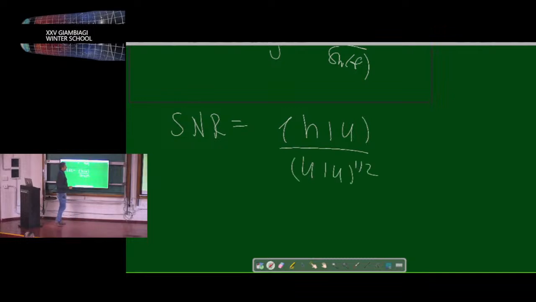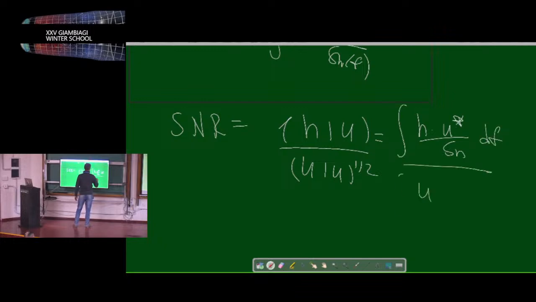I want to divide by the norm because I don't want my output to depend on the arbitrary normalization of my filter function. And look at this. Given the definition above, this would be the integral over df of h times u star divided by Sn, divided by the norm of u, which is u times u divided by Sn. This is just the definition of the scalar product I gave earlier.